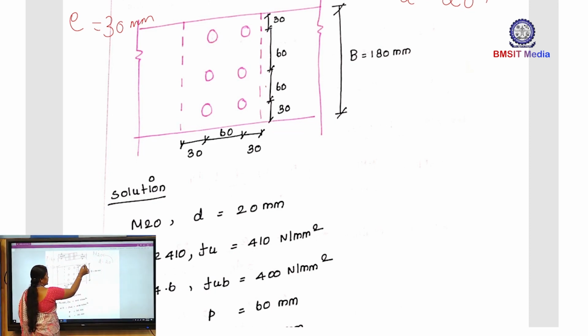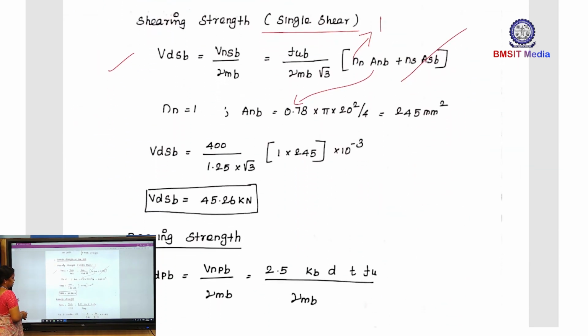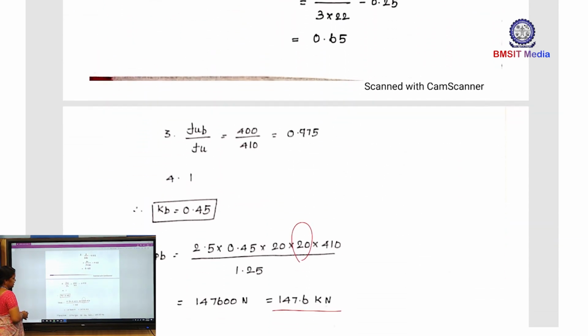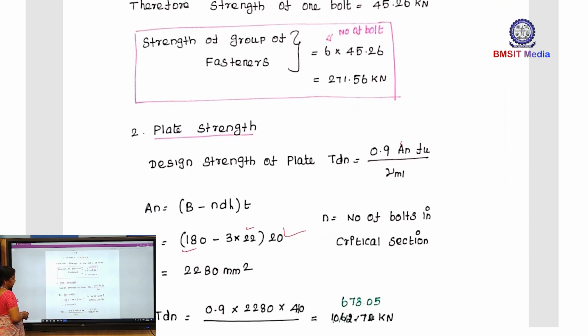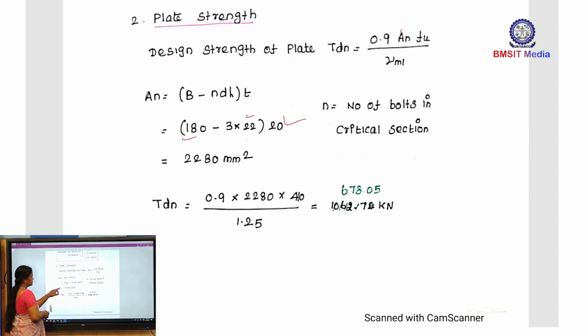In this direction, how many bolts are there? 1, 2, 3. We have to deduct these 3 bolts, that is (b minus n dh) into t. So, with b equal to 180, n equal to 3, dh equal to 22, t equal to 20 mm, find out the net area, substitute here and find out the answer, that is 673.05 kilonewton.